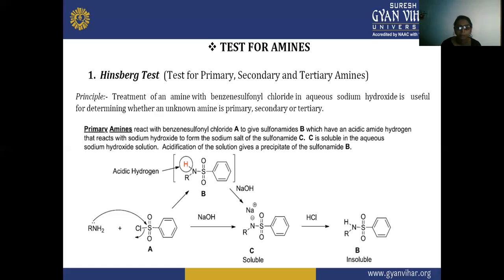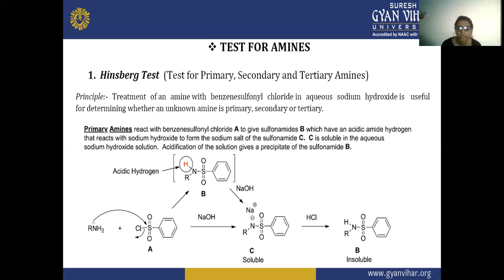In the primary amine, we react this primary amine with the benzene sulfonyl chloride A, and here we get a sulfonamide B after treating the amine with the benzene sulfonyl chloride.